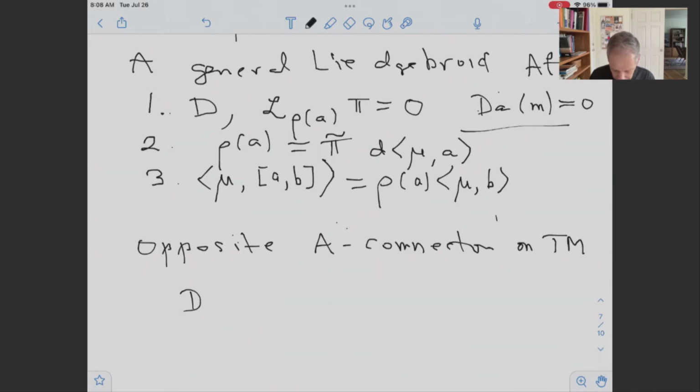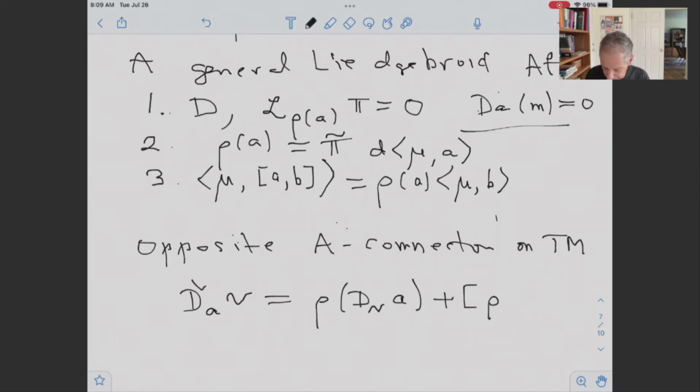And it's defined by saying that D-opposite of A acting on a vector field V is rho of D_V of A. Remember that in the tangent bundle case, rho is the identity, so this would just be D_V of A, interchanging V and A, but then we have to correct it in order to make it be a connection.